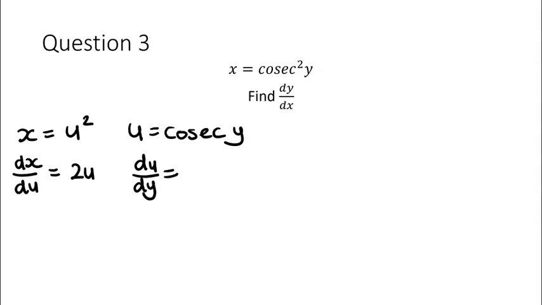Now, differentiating cosec y, that's a result that is in your formula book. So just make sure that you've got your formula book handy when you're doing these differentiation and integration problems. So when you differentiate cosec y, you're going to get minus cosec y cot y.